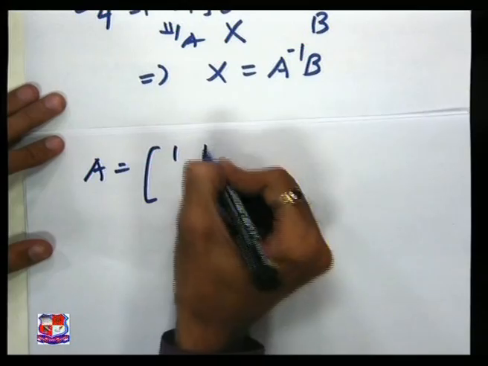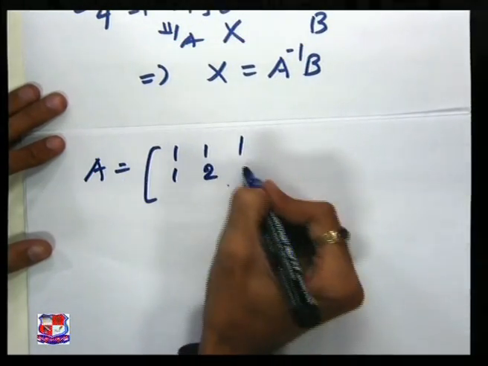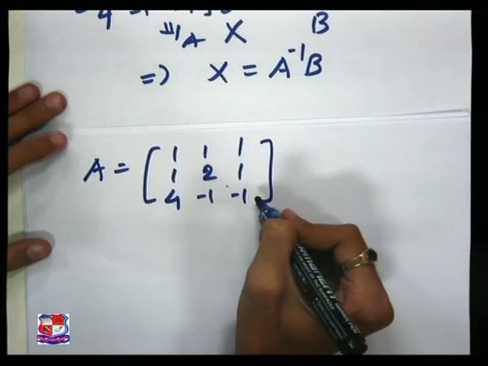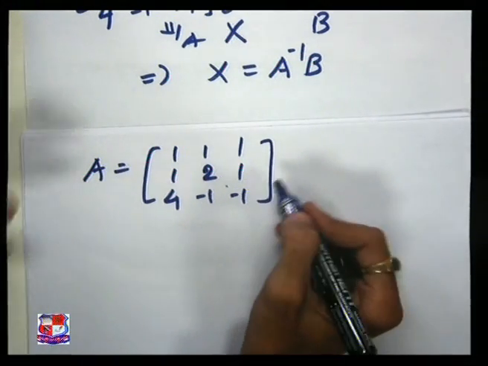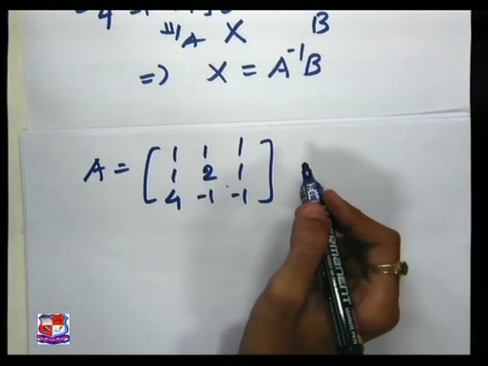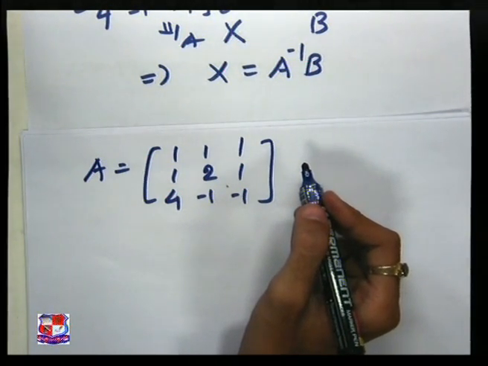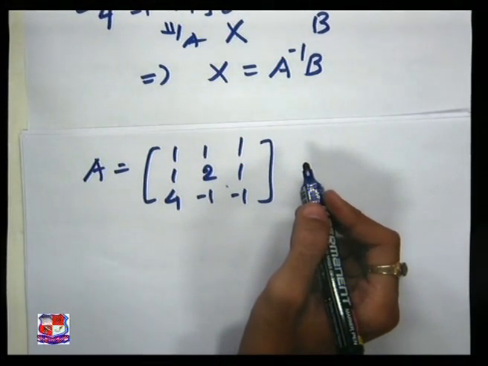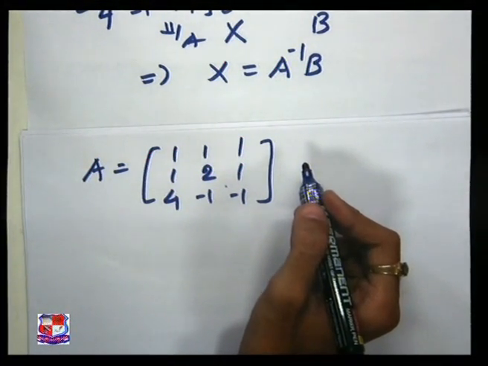1 1 1, 1 2 1, 4 minus 1 minus 1. So here I am not giving the solution to find the determinant, because we all know how to find the determinant and how to find the adjoint of any 3 by 3 matrix.